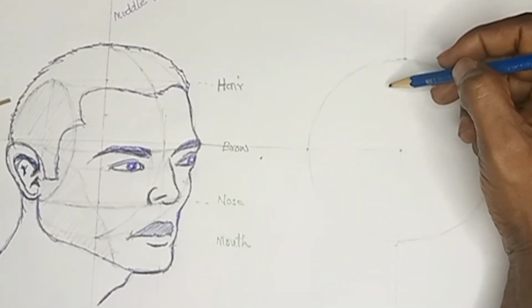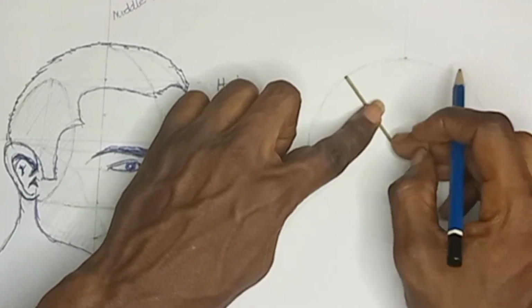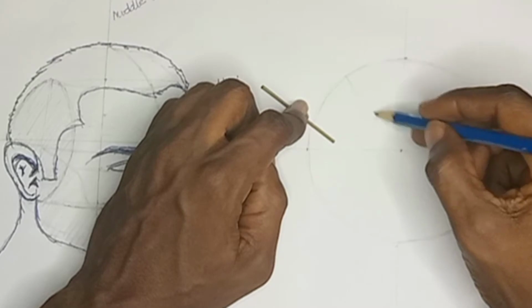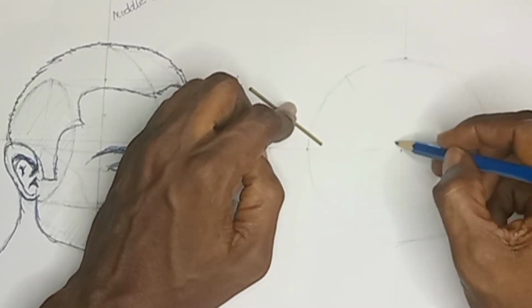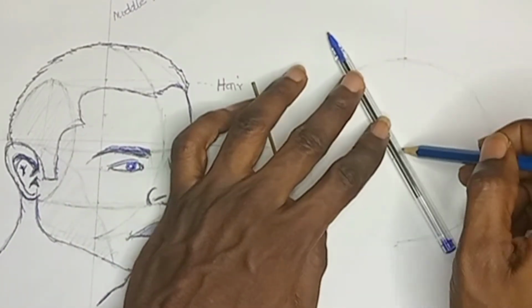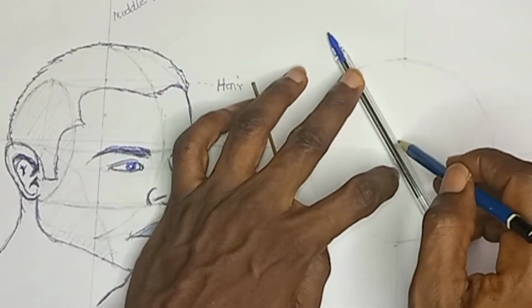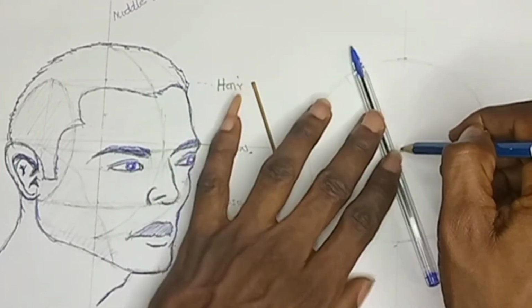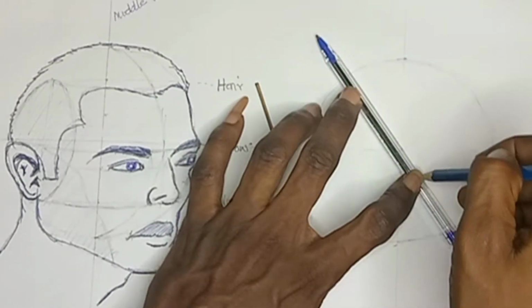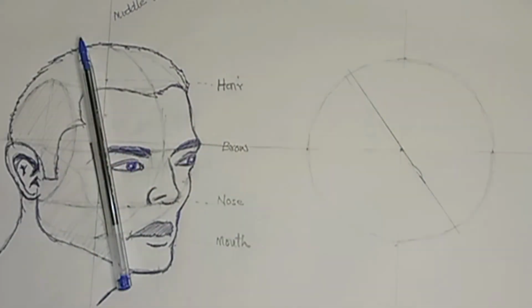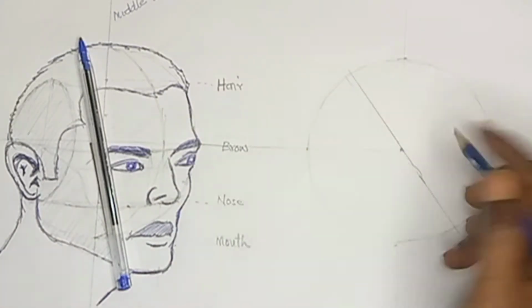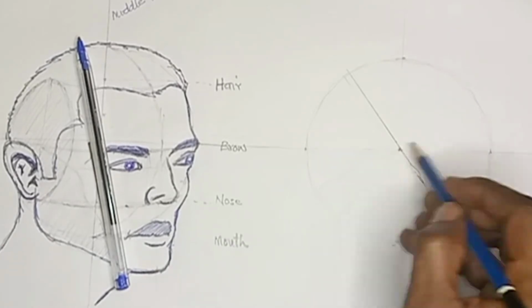So the axis or the middle line will be slanted a bit. Because it's facing up, I'm drawing the middle line to be slanted.